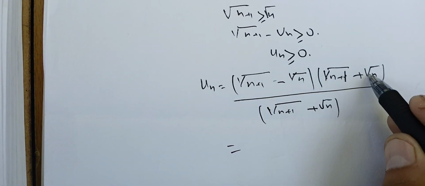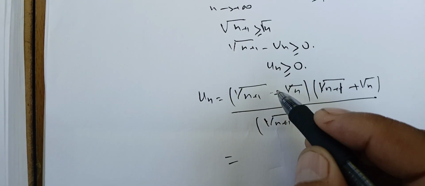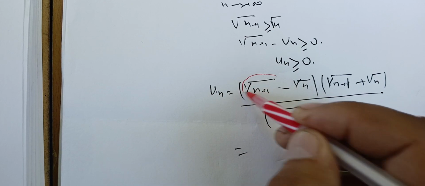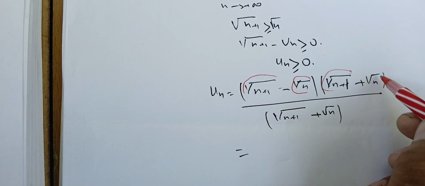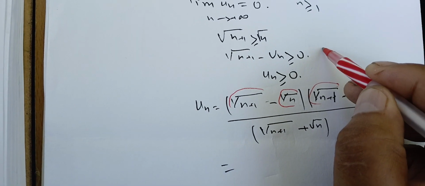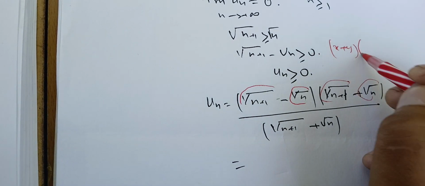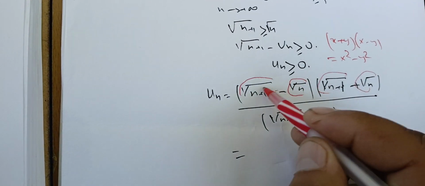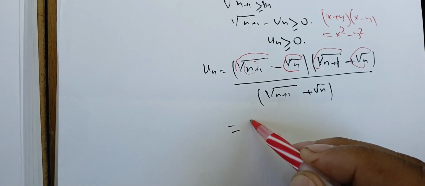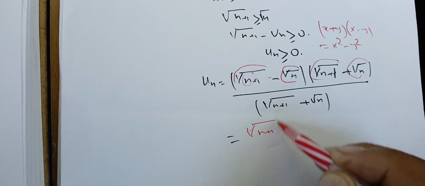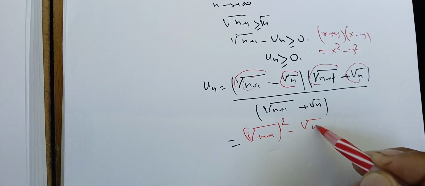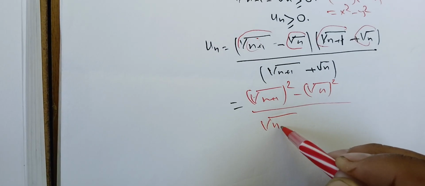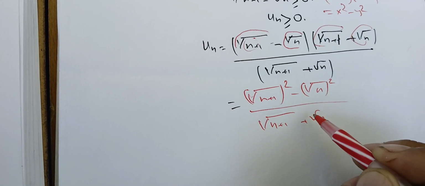Here using our algebra, think of this one as x, this is y, and using the result that x plus y times x minus y is x squared minus y squared. So here our x is this one. So we're going to have the square root of n plus 1 squared minus the square root of n squared over the square root of n plus 1 plus the square root of n.